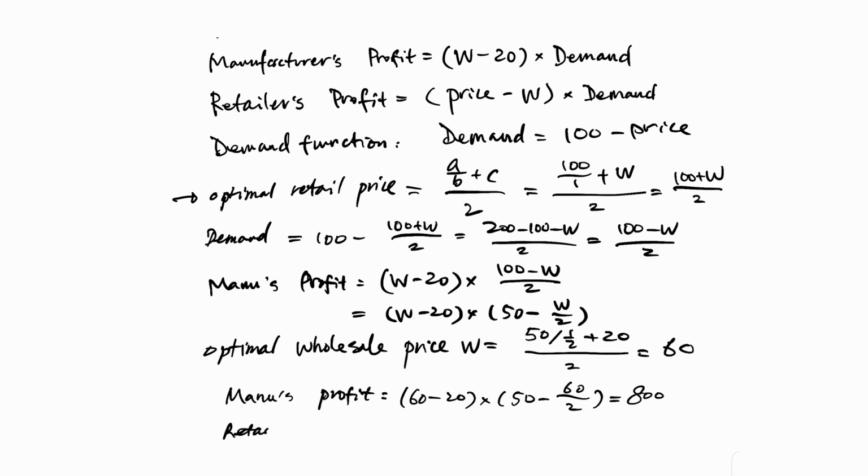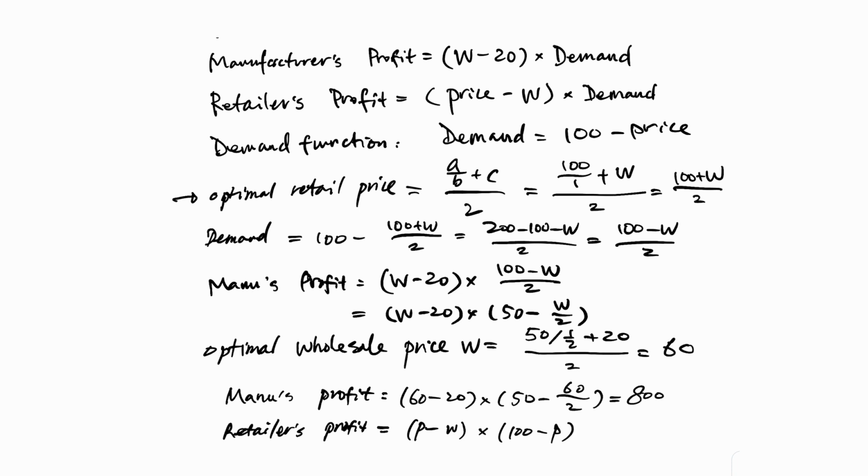Next, we can calculate the retailer's profit. The retailer's profit would be equal to the retail price minus the wholesale price, times the demand. First, we need to figure out what the retail price P is, and then we can calculate the retailer's profit.